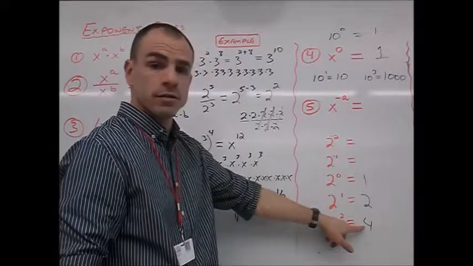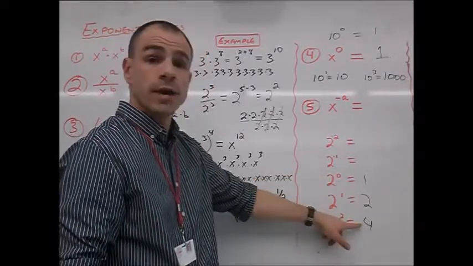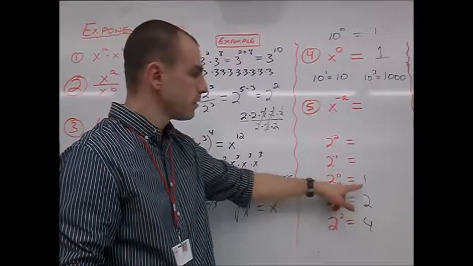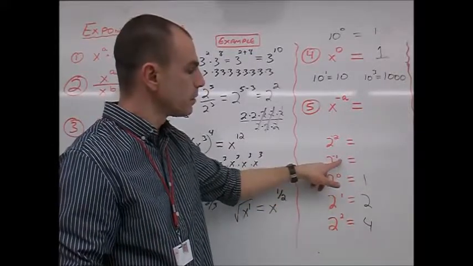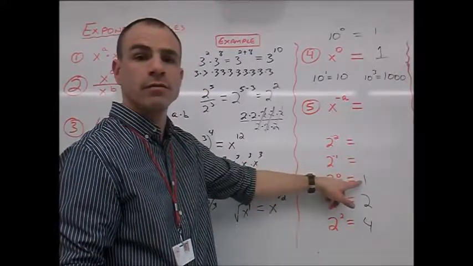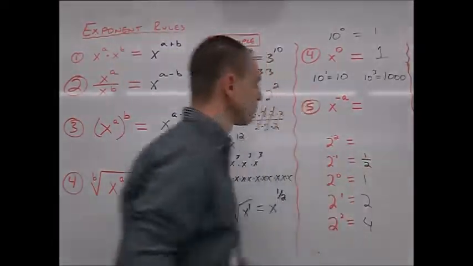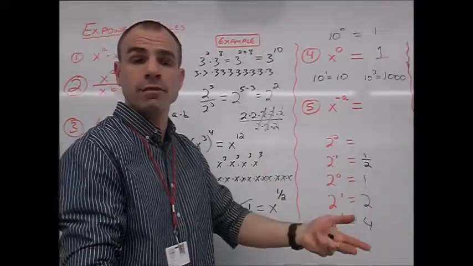Let's look at our answers. 4, 2, 1. We cut 4 in half. We get 2. We cut 2 in half. We get 1. Now we're going to subtract another 1 from our exponents, which means that we have to cut this in half. Half of 1 is 1/2. To get our answer up here, we're going to cut a half in half.